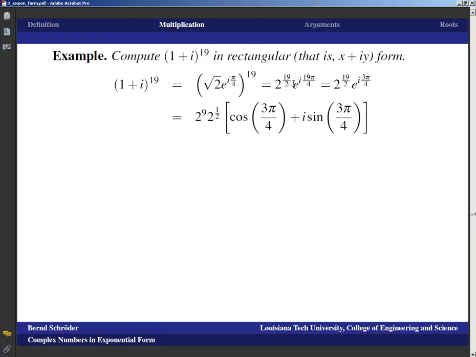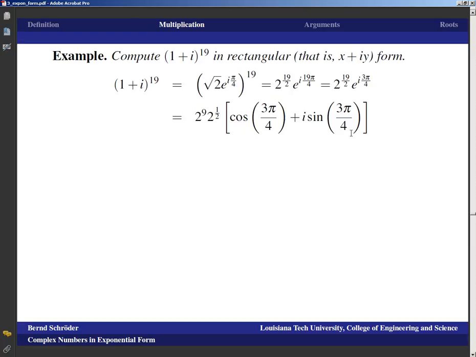And well, if we want to now get back to rectangular form, that's 2^9 times 2^(1/2), we'll see that thing will cancel, times cosine 3π/4 plus i sine 3π/4. Now we have to figure out what the cosine and the sine of 3π/4 are. Let's see. The cosine is negative, and it's 1 over root 2.